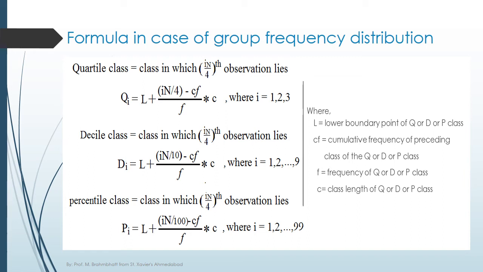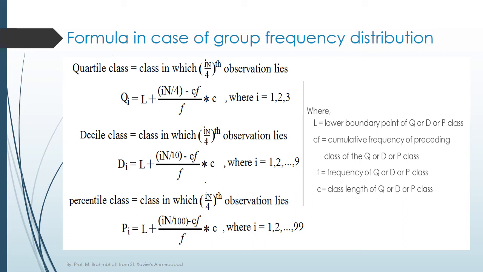Now let me discuss the other notation. L is the lower boundary point of the quartile class. CF is the cumulative frequency of the preceding class of the quartile class. f is the frequency of the quartile class, and c is the class length of the quartile class.